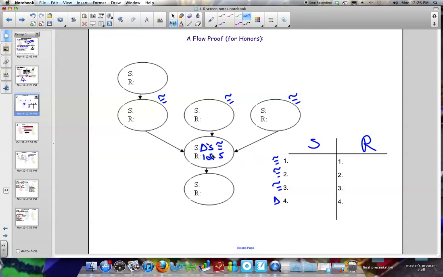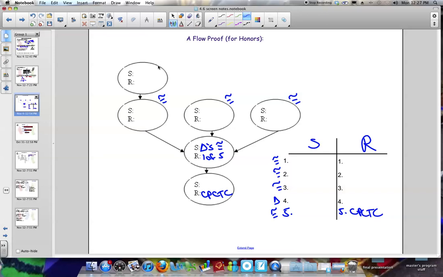Then if you need to go beyond congruent triangles, once your triangles are congruent, you can say that any of your parts are congruent, and your reason would be CPCTC.